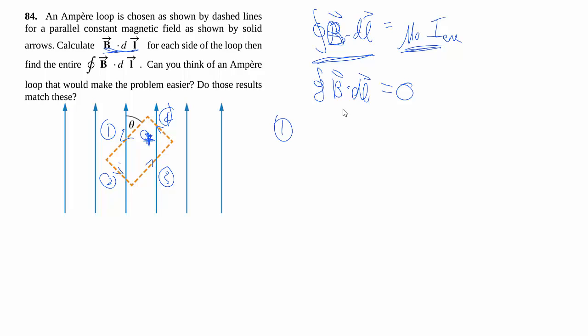So for the first one, we have our dl in that direction. Our B always goes up in that direction, and we are always interested in the angle between them when you take the dot product of B and dl. We don't have the circle on the integral because it's not a closed loop, it's just a line in space. We know this holds constant for the entire length, so let's call this width and length.